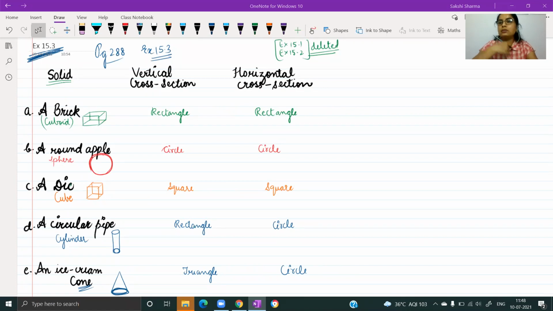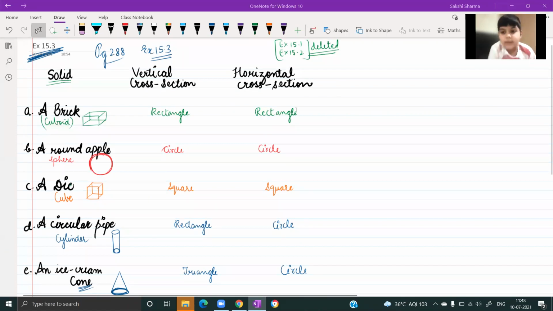Yes, Jivitesh? Ma'am, I don't have my book right now. So can you send it in the group? Okay. Ma'am, what is the page number? 289.